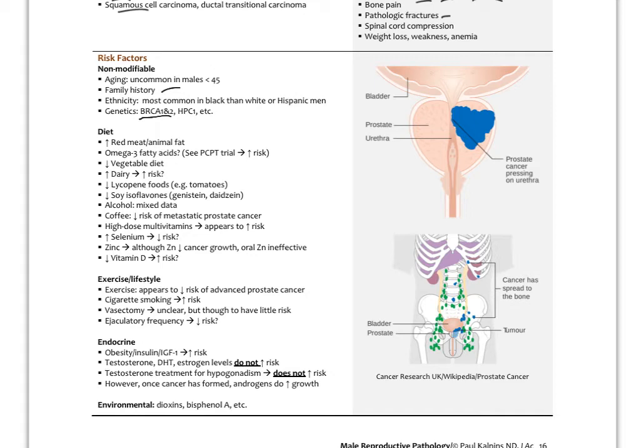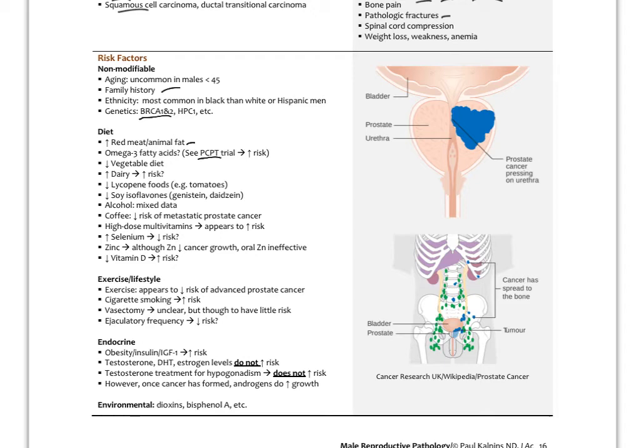We do know there's a connection with diet. So having a high red meat, animal fat diet, low in omega-3 fatty acids. However, there is a trial, the PCPT trial, which actually showed an increased risk in males with higher blood levels of omega-3 fatty acids. That was an interesting finding.